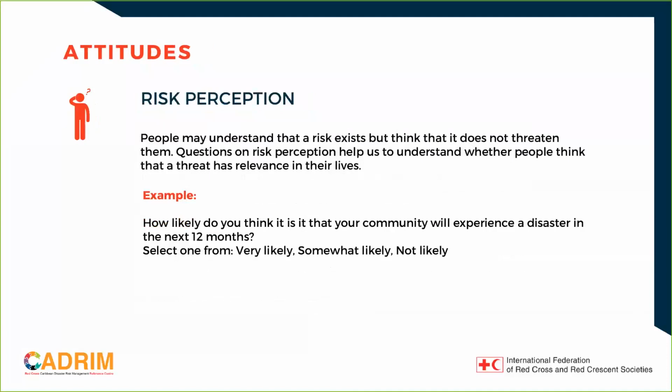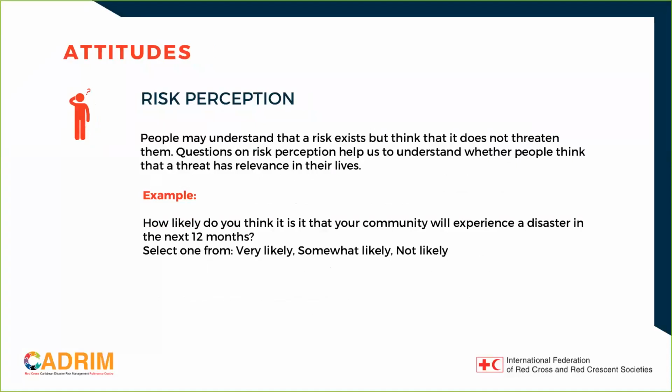We're now going to discuss some attitudes-related questions. How do we measure what people believe and the perceptions that people have? So we've divided it into different areas, one of which is risk perception. So people may understand or have the knowledge that a particular risk exists.